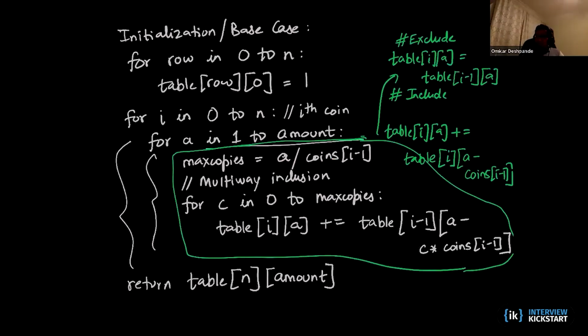Whereas here, you just have to make sure that this value is greater than or equal to 0. Whatever index we are trying to use is non-negative.